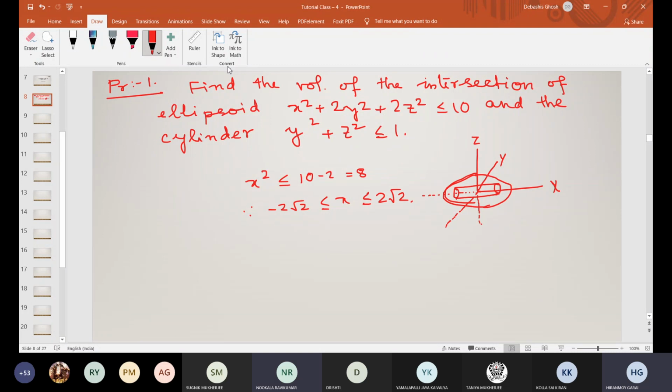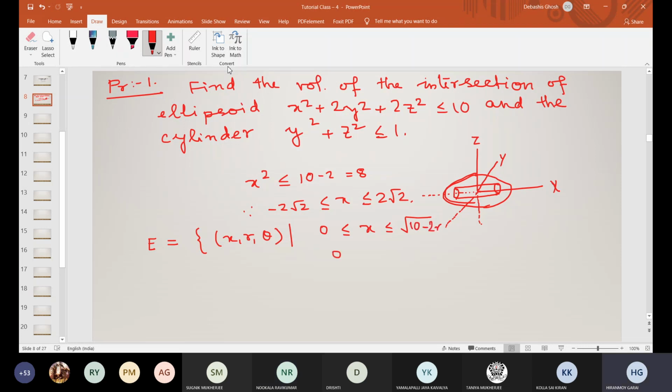So the range for the common portion E is x, r, theta, where x is from 0 to less than or equal to x less than or equal to under root of 10 minus 2r.